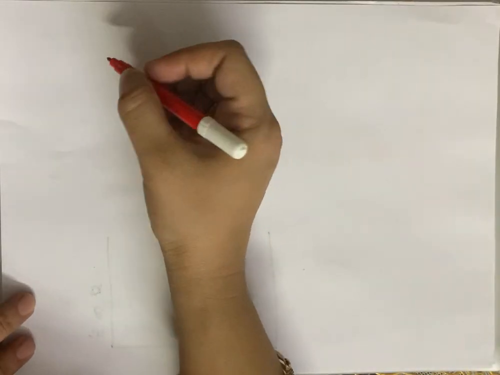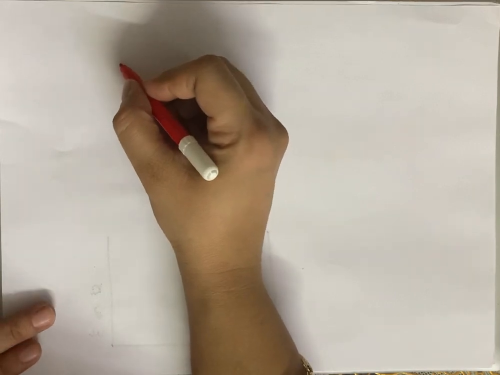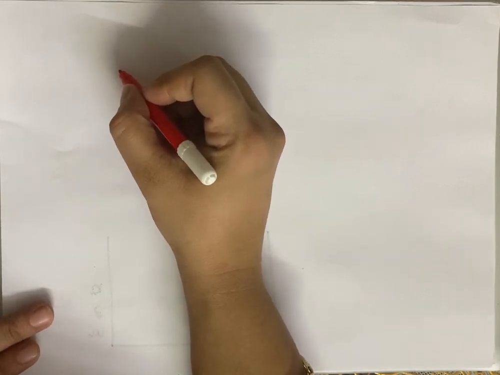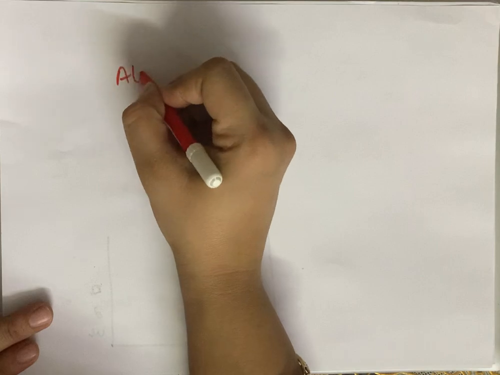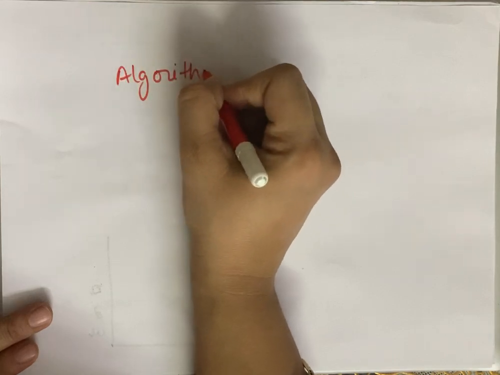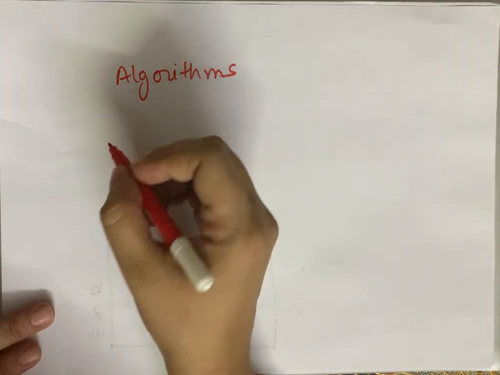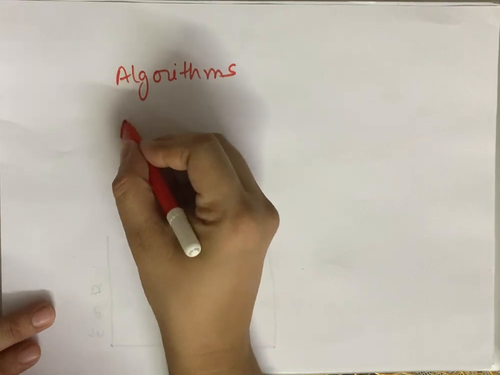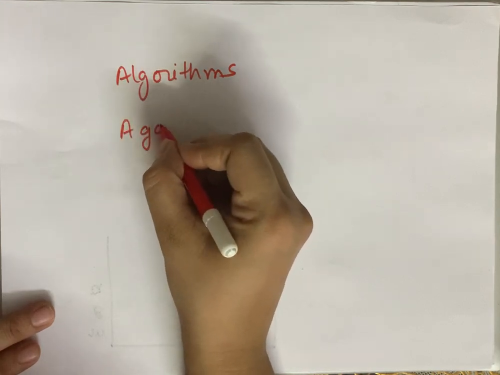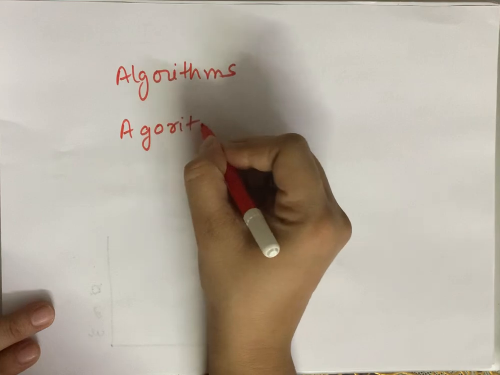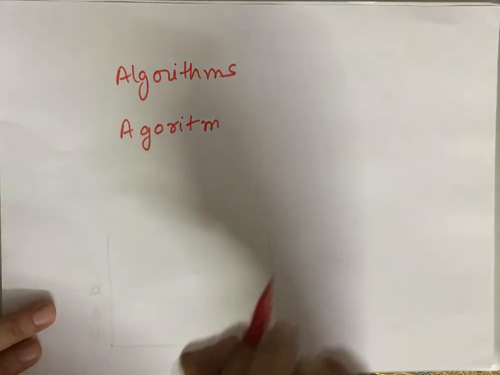So supposedly I have two sequences. Say you are searching for algorithms, and you also are mistyping it and you are writing algorithms like this, something like this, right?